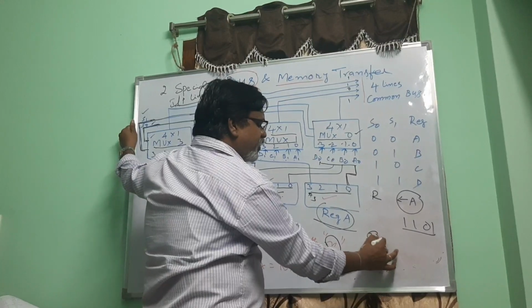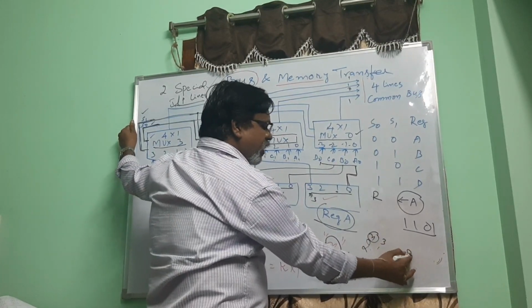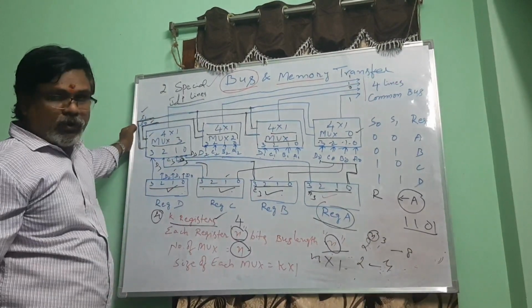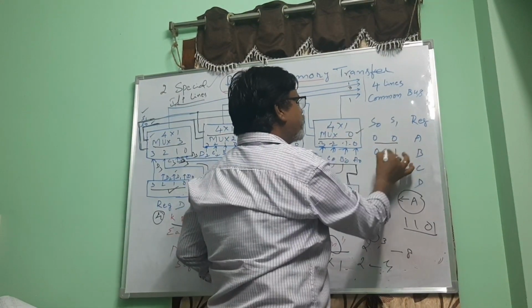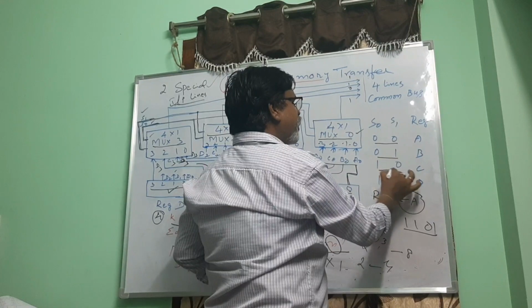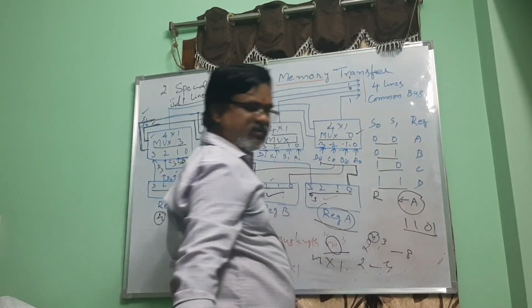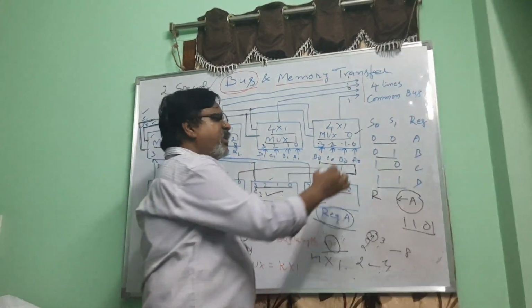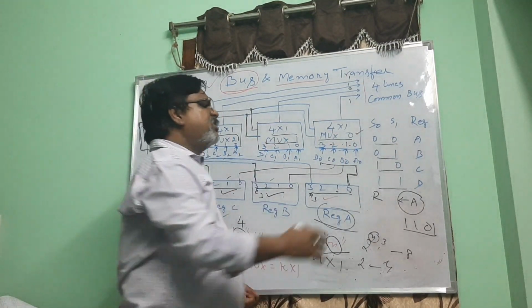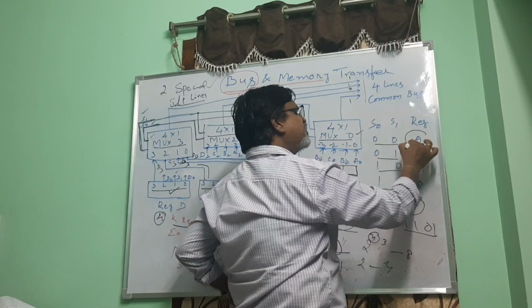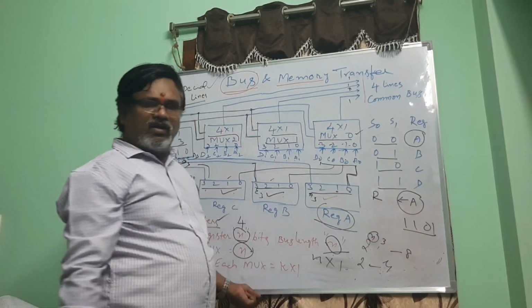If there are 3 input lines, you will get 8 combinations. But here we have 2 input lines, S0 and S1. So the combinations are combination 1, 2, 3, 4. If S0 and S1 are both 0, then register A bits will be selected.